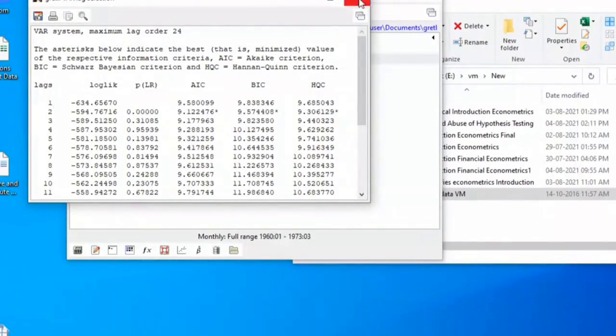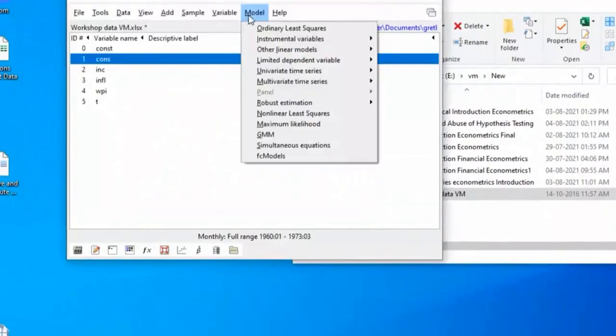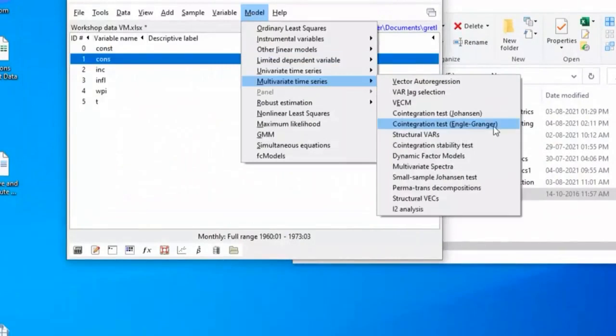So I am removing this one. So we go to the model, multivariate time series, co-integration, Engle-Granger. Remember, in Engle-Granger, it is residual based. Is there any doubt? Anybody? No, sir, continue. Okay.